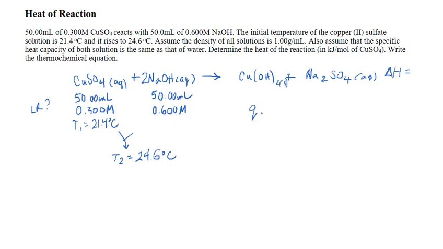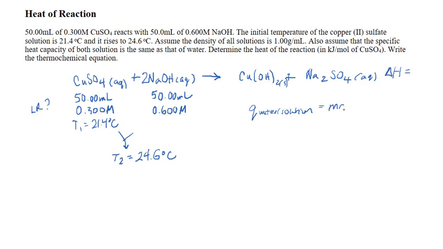Our first step is to measure the amount of energy that's associated with the process by determining how much energy is absorbed or lost by the solution in the calorimeter. So we're measuring the temperature of the solution.